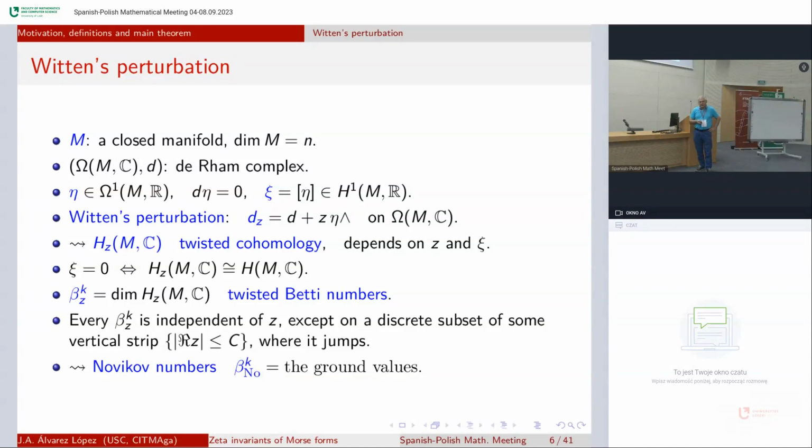And Witten's perturbation is given by the de Rham differential plus multiplication by eta, with a coefficient, a complex number, zeta. So we get twisted cohomology, denoted by H sub zeta.